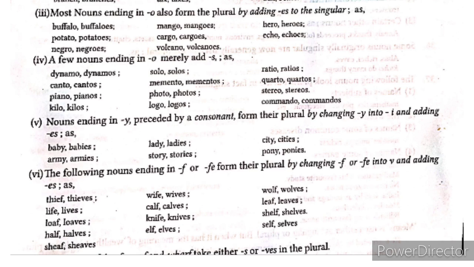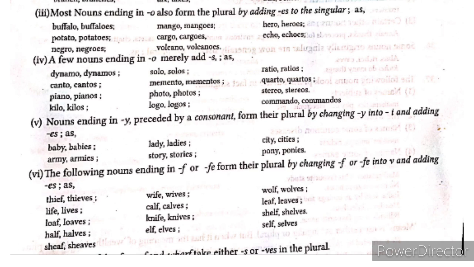We just add s to it. We don't add es to it. There are exceptions like kilo, photo, ratio, commando. In these nouns, we just add s at the end. Clear?